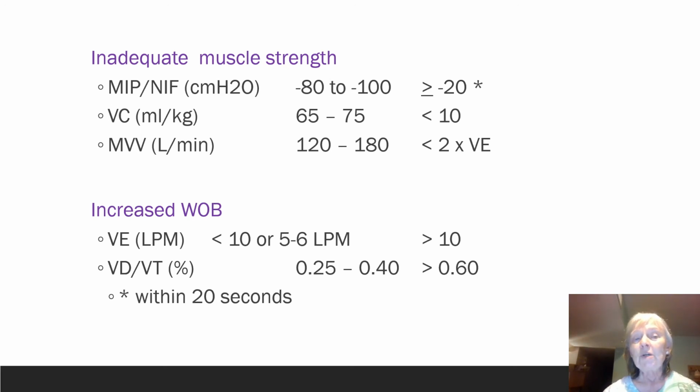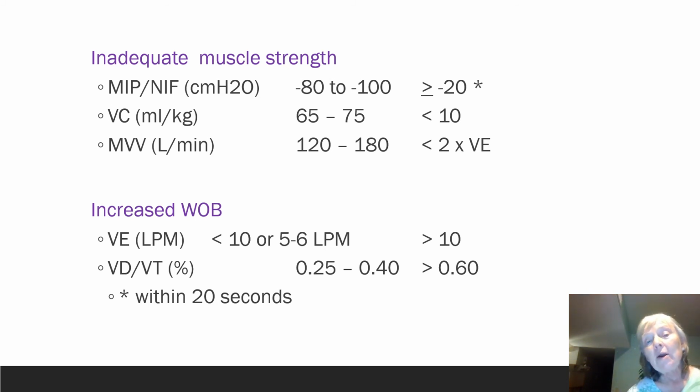You did them 3 times. And when we do weaning, we also do them 3 times because we want to make sure we're getting the best from those patients. Do we do them 3 times to find out whether or not you're doing well? Sometimes you can, sometimes unfortunately you can't. The normal NIF-MIF is -80 to -100 centimeters of water pressure, okay?